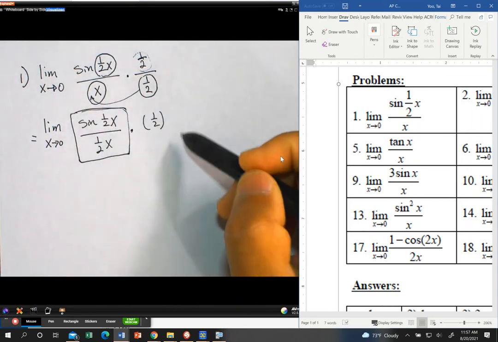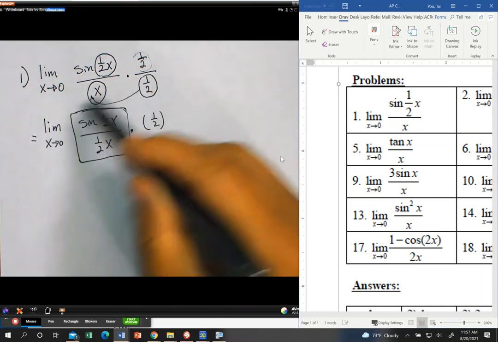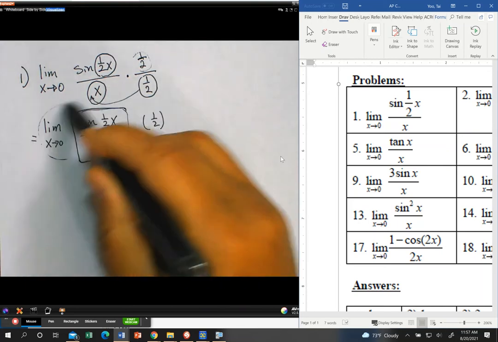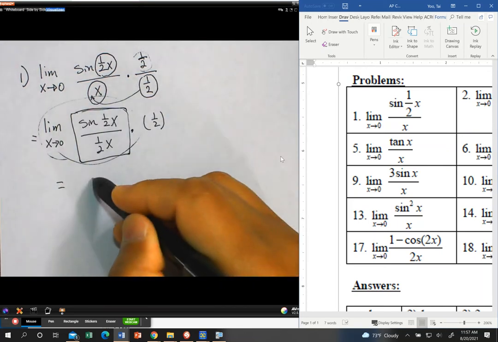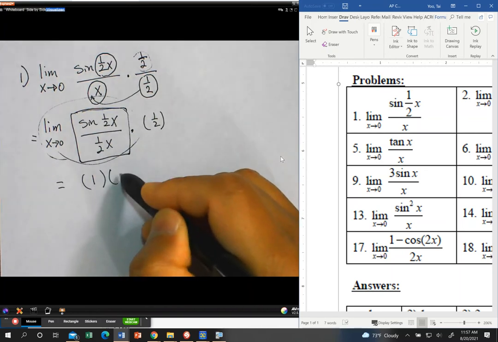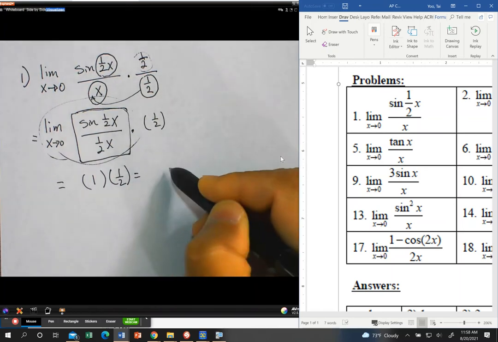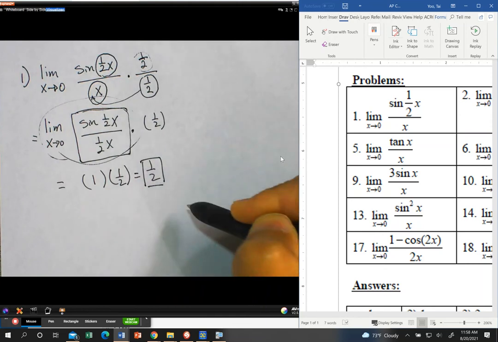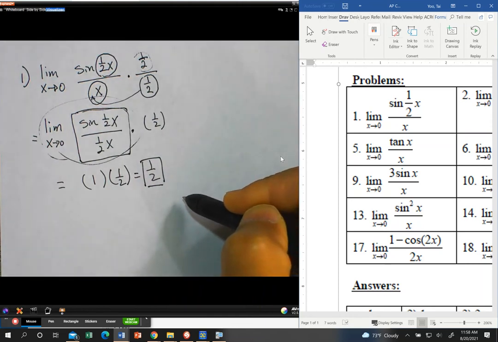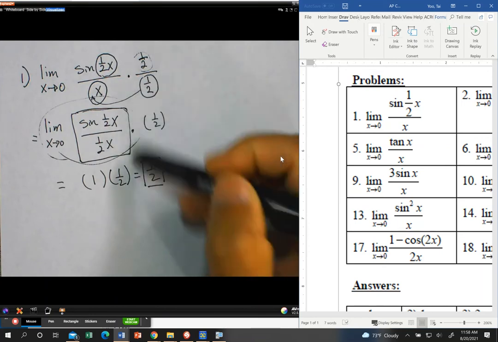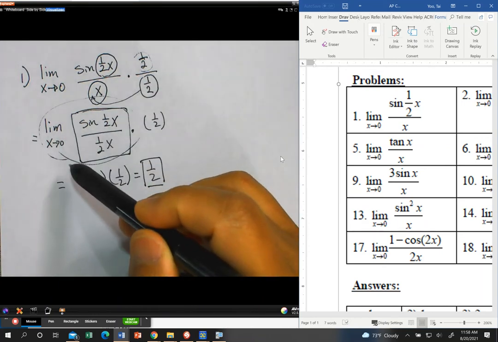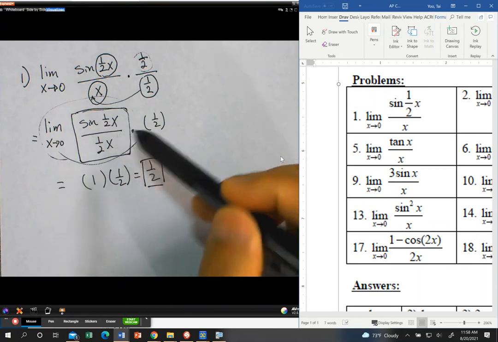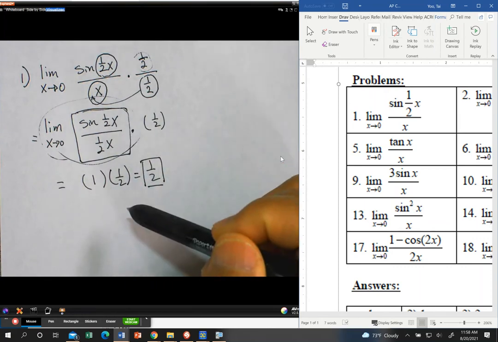Yeah, because according to your formula, this whole thing is 1. So this is 1 times 1/2, which will be 1/2. 1/2 is your limit. And your answer is just a numerical value, you don't have a limit. In between, you need to write limit x goes to 0, blah, blah, blah, and so on, okay?